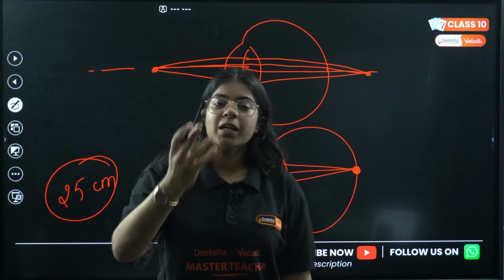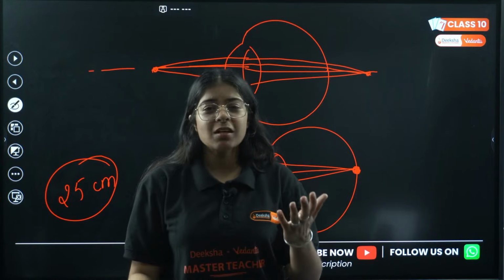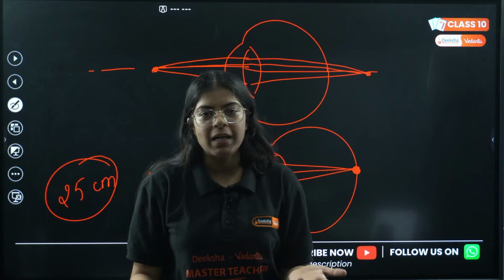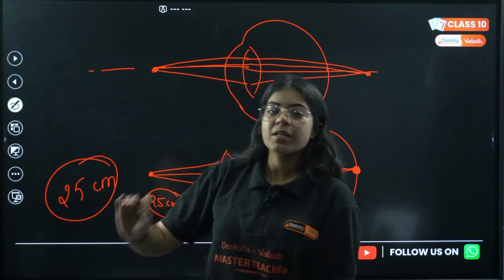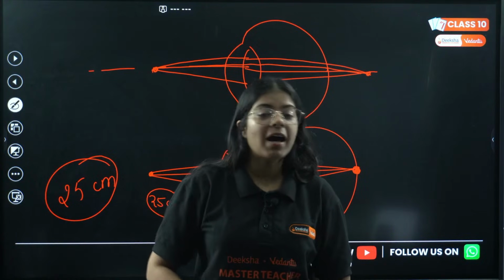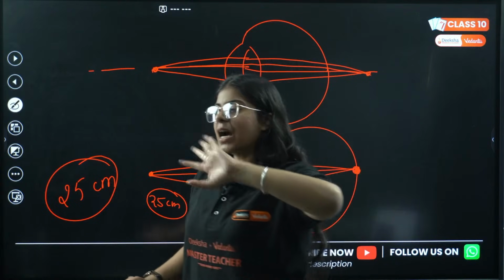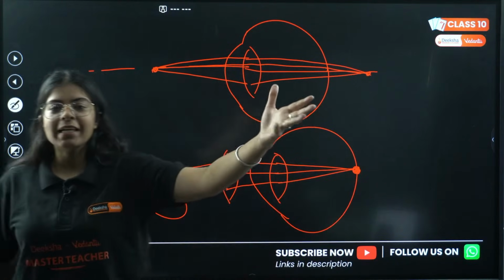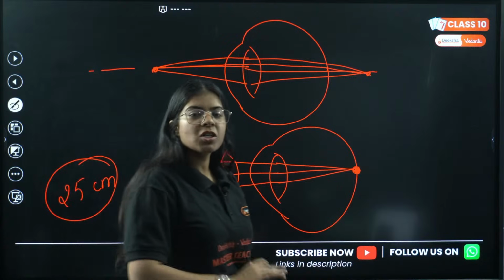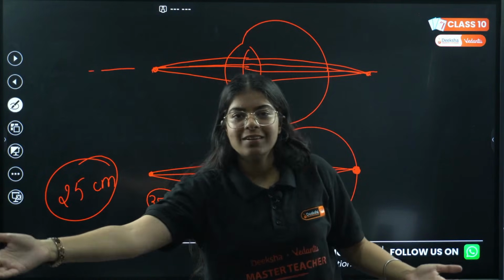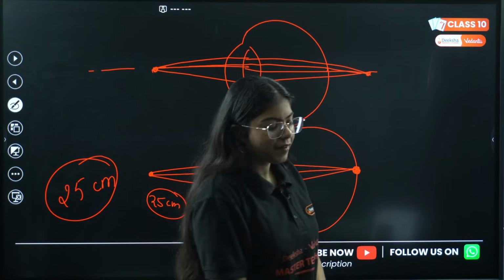If you have an object and you place it at 20 centimeter, you must have noticed if you keep the book just here, the words will be blurry, right? So the near point is 25 centimeter and the far point is infinity. Technically we can't see till infinity clearly, nobody can, but we just say that I can see till the earth gets round, okay? So the far point is infinity.